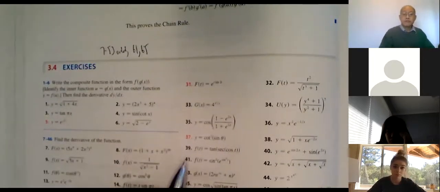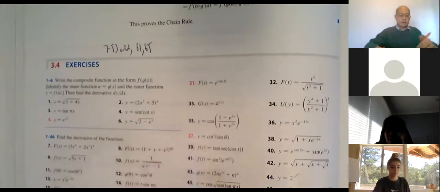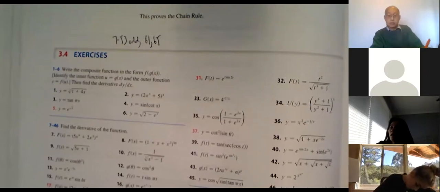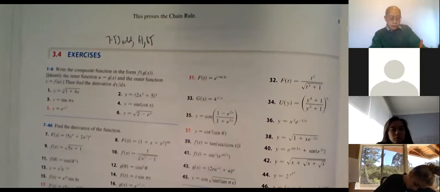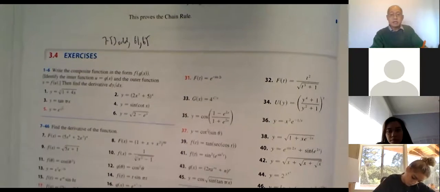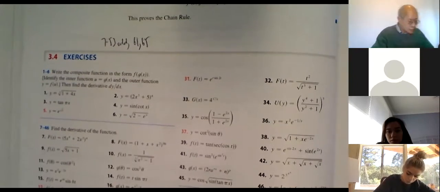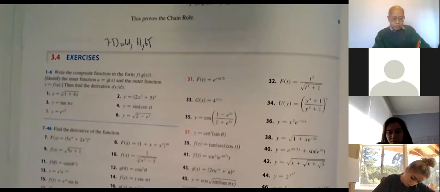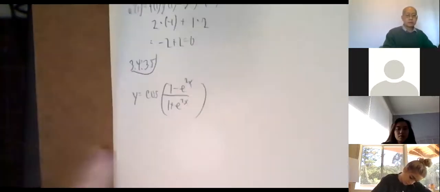3.435. Okay. y equals the cosine of parentheses, 1 minus e to the 2x over 1 plus e to the 2x. Okay, so the outside function is the cosine.